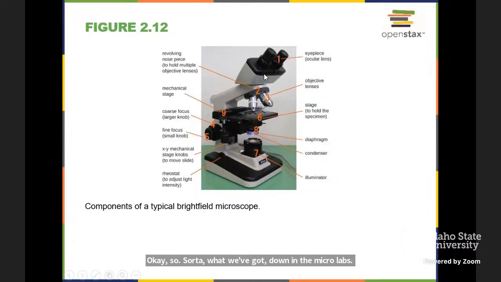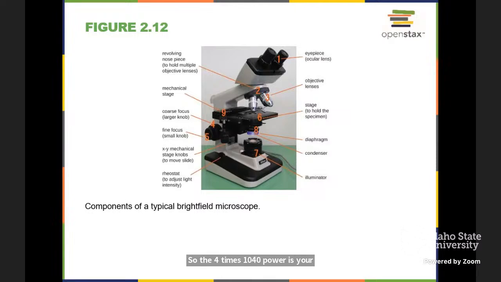Okay, so sorta what we've got down in the micro labs, pretty similar, all right? The microscopes are binocular microscopes, so two eyepieces or oculars. The oculars have a 10-times magnification, all right? And then we move down to the objective lenses, and depending upon the types of scopes, 3 or 4 lenses on there, usually 4. You start off with a low power magnification. That one is 4x, and you multiply them together. So the 4 times 10, 40 power, is your lowest magnification.